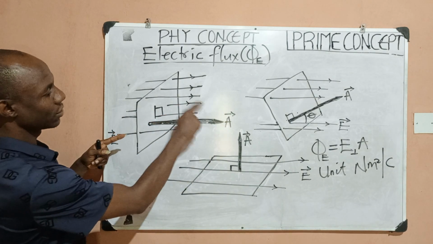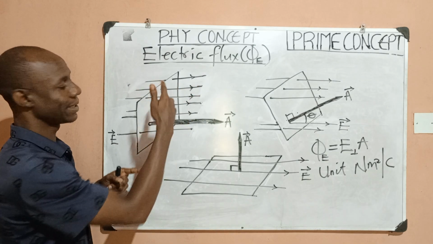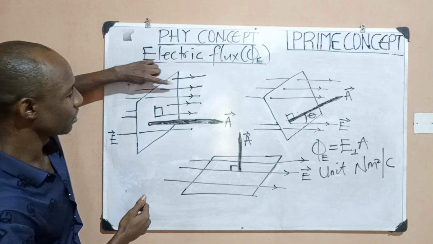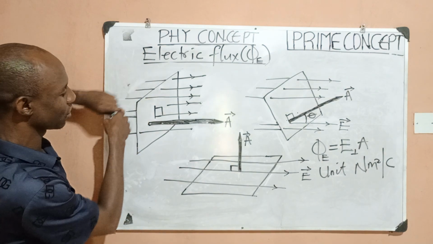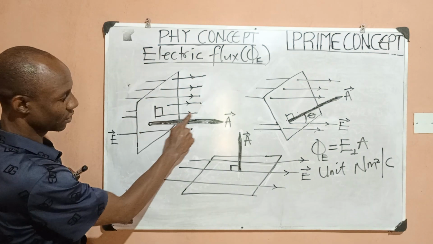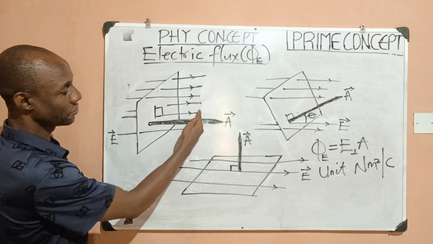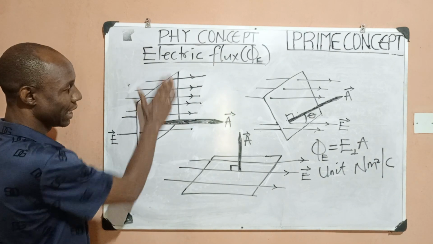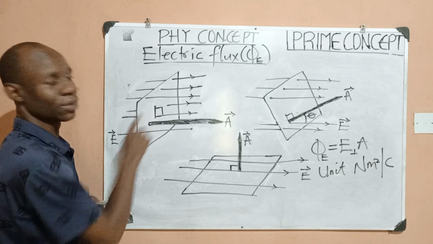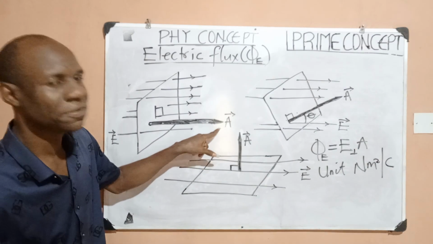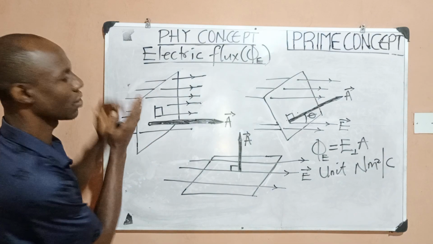Meanwhile, these lines you can see here are what we call the electric field lines. In this case, the electric field line is passing through this surface at a right angle. Now, what does this area vector tell you? This area vector tells you the direction the surface is pointing.